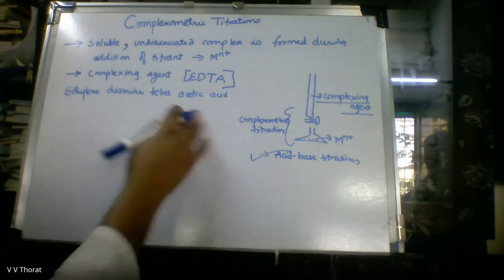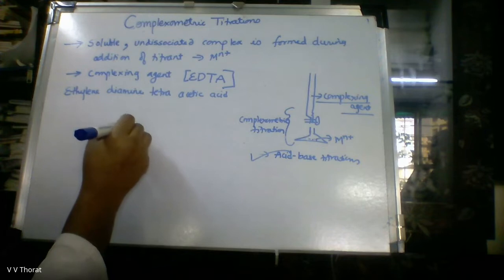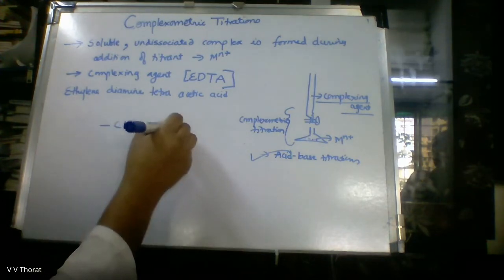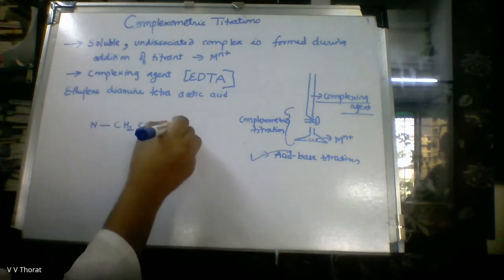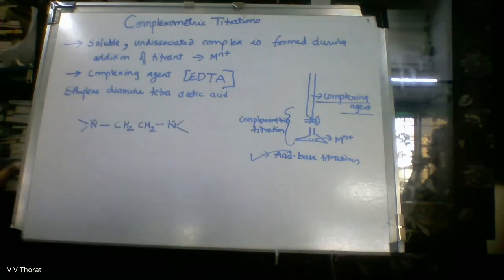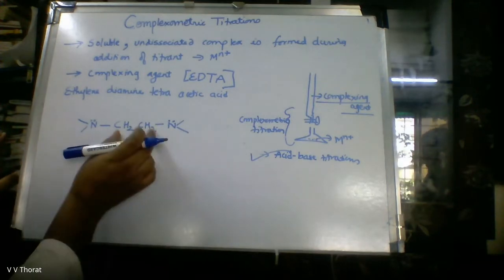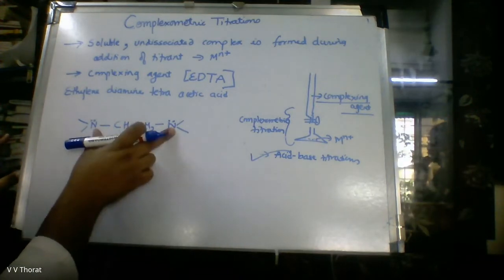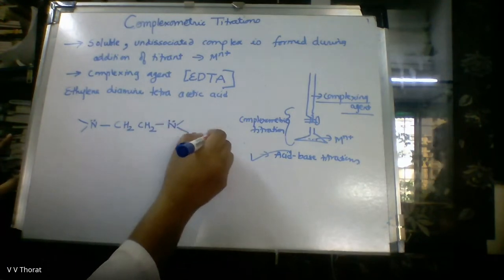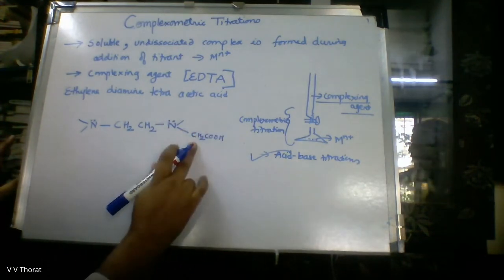So when you write the formula, you will write ethylene, then diamine. So two amine groups come here, each with three bonds and one lone pair of electrons. So this is the ethylene group, this is the diamine group, and then you have the tetraacetic acid group. Acetic acid is CH3COOH.